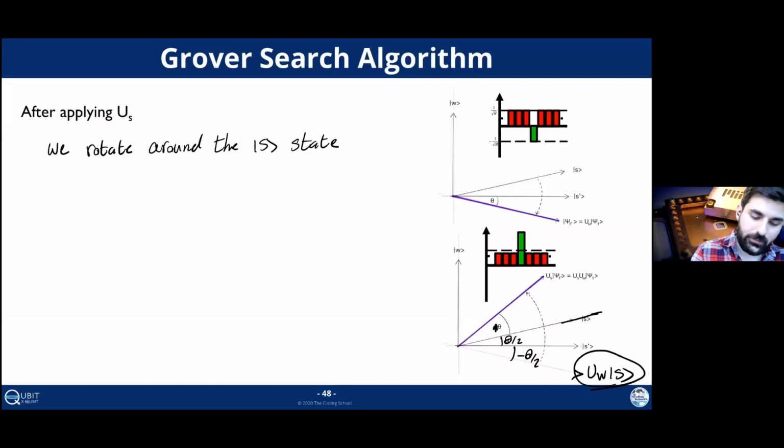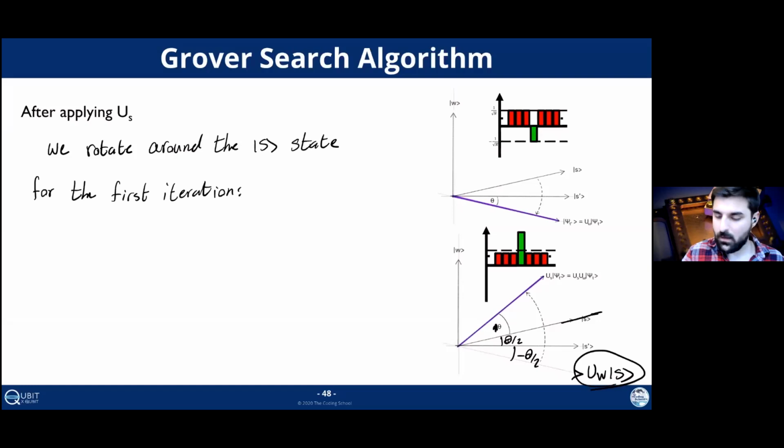Now, for the first iteration, before applying this operator we were at the angle minus theta over 2.